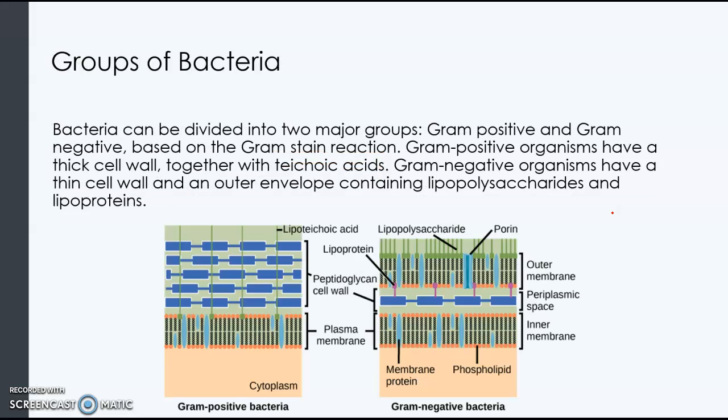And a lot of bacteria, but not all, can be divided into groups based on their gram stain. This is something that we have done in lab this week, or are doing in lab this week.